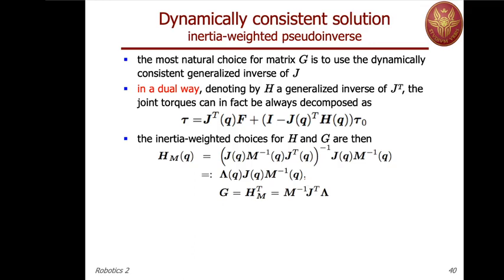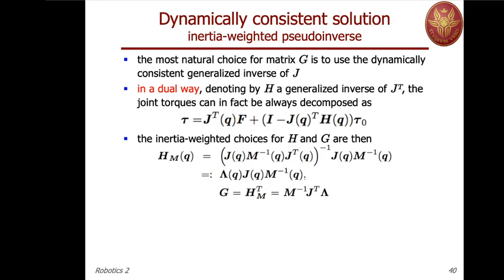Okay. Now the convenient choice for H is in fact the one in which you see a transpose of the inertia-weighted pseudo-inverse. In fact, since we are working in a dual way, our G, which is defined kinematically, will be just the transpose of this pseudo-inverse, and in fact it will be the conventional weighted pseudo-inverse of the original Jacobian, where the weighting is given by the inertia matrix itself.